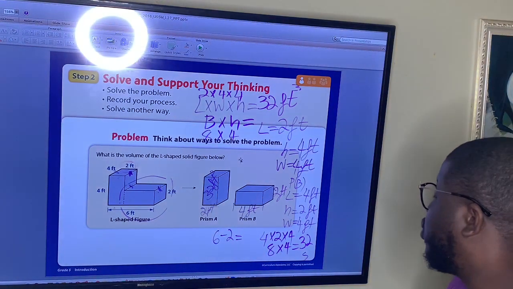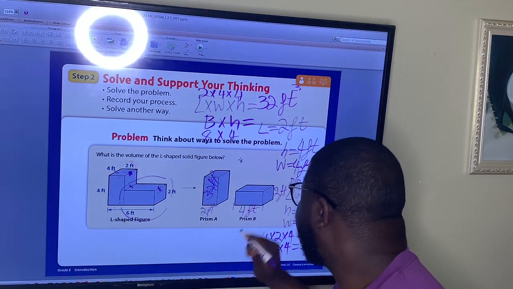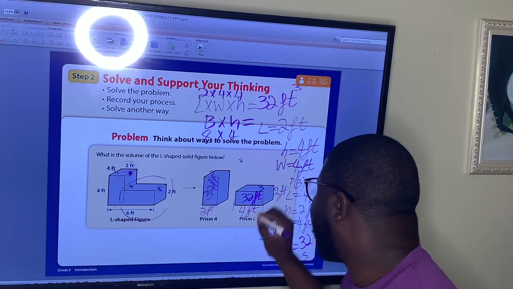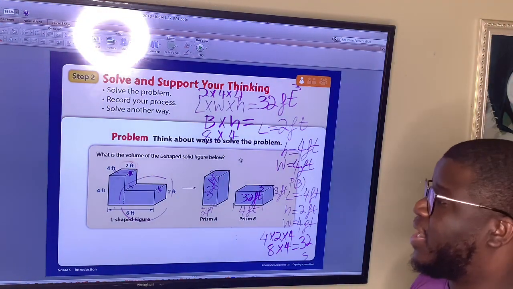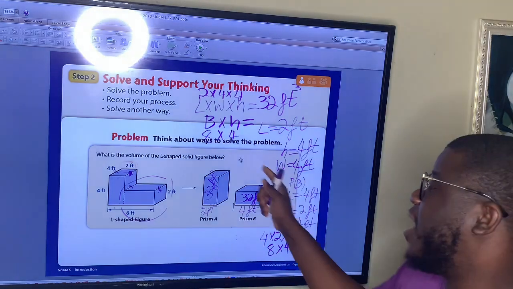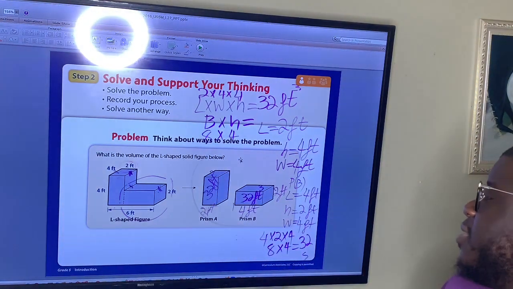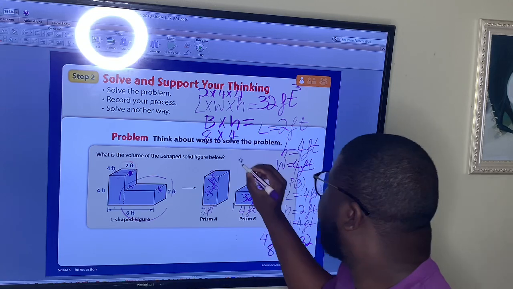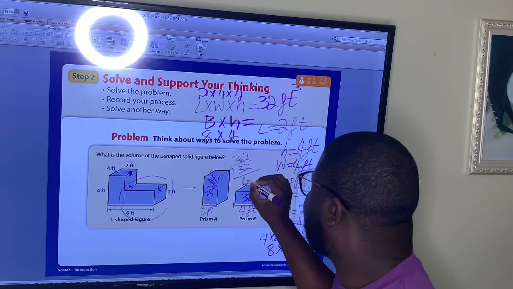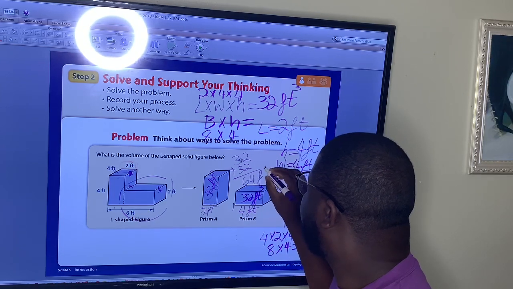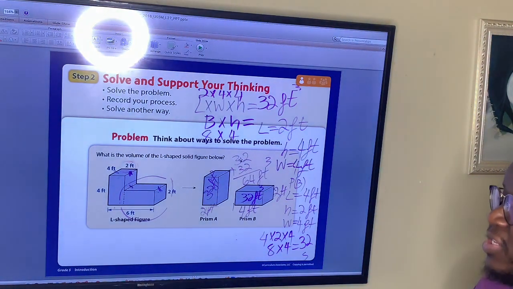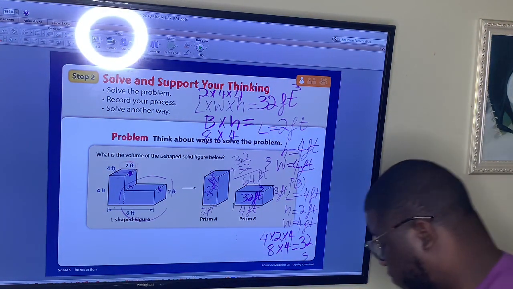No, 32 cubic feet. So prism B is also 32 cubic feet. Now I need to combine the volume for both to find the volume of this irregular shape. 32 plus 32 is equal to 64 cubic feet. So I know that the volume of this irregular shape is 64 cubic feet.